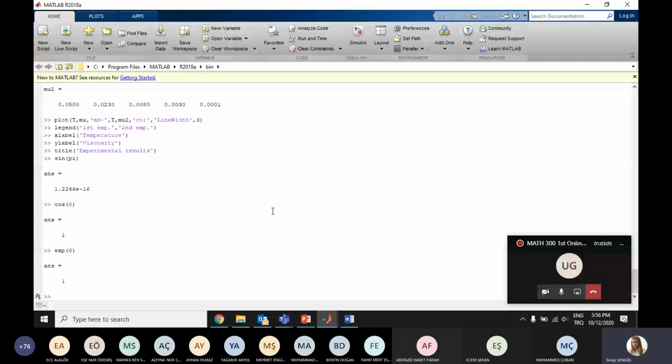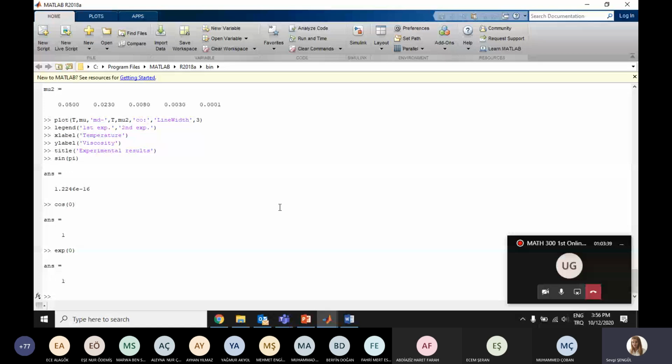You can see the whole list of built-in functions: cosine, tangent, hyperbolic sine, hyperbolic cosine, logarithm. By the way, log is the ln function, and log10 is the normal log in MATLAB. Inverse of sine, inverse of cosine, these are all already defined in MATLAB. You can Google it and check it easily, built-in functions in MATLAB.